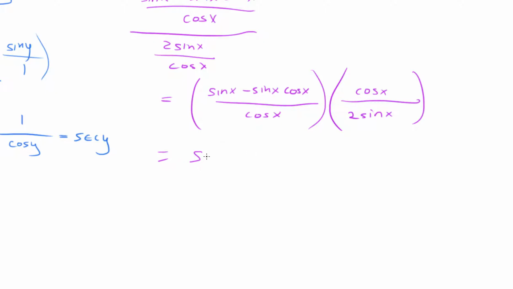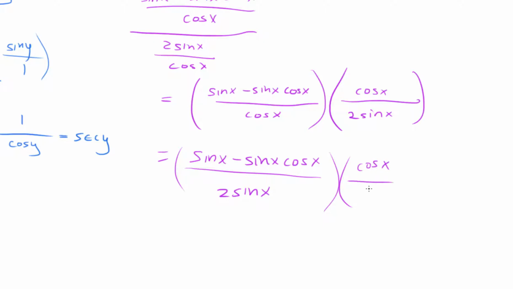So on the left side, I'm going to have sine of x minus sine of x cosine of x over 2 sine of x. And on the right side, I'm going to have cosine of x over cosine of x. And the reason I swap these two is to get 1.